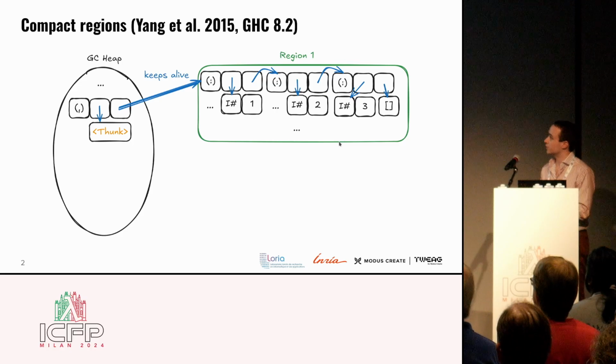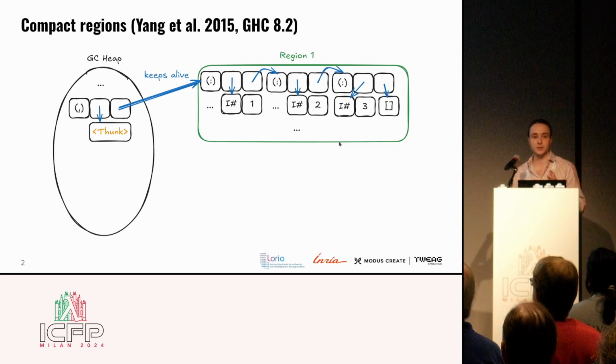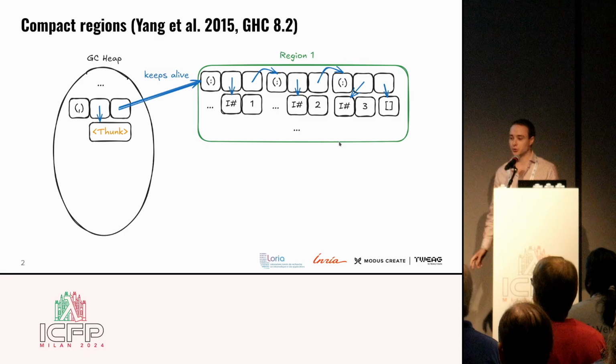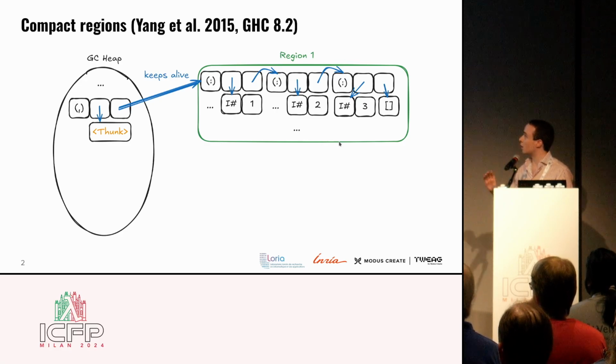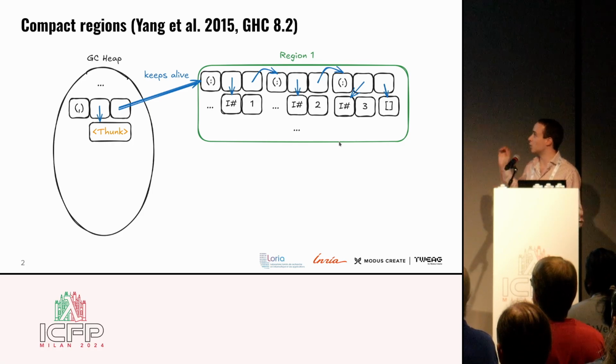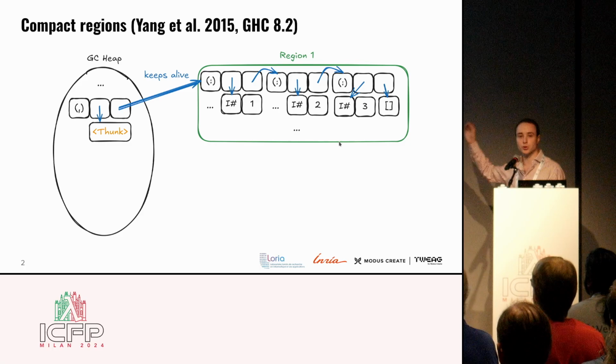So compact regions. This is a feature introduced in GHC 8.2 that consists in blocks of contiguous memory, which can only host fully evaluated data. And the region is not traversed by the garbage collector at all. Instead, any incoming pointer from the GC heap to the region keeps the region alive.